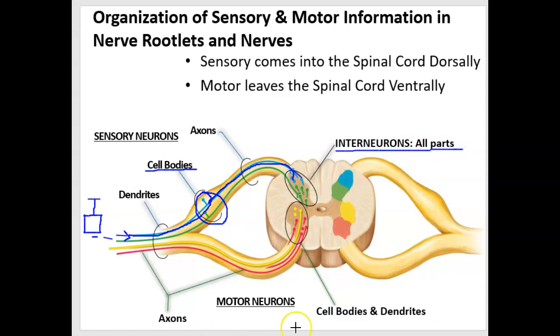Motor neurons, it's a little bit different. As I mentioned, the cell bodies are in the spinal cord, not in a ganglion outside the spinal cord, but the axons are traveling out this ventral root and to the spinal nerve, sorry.